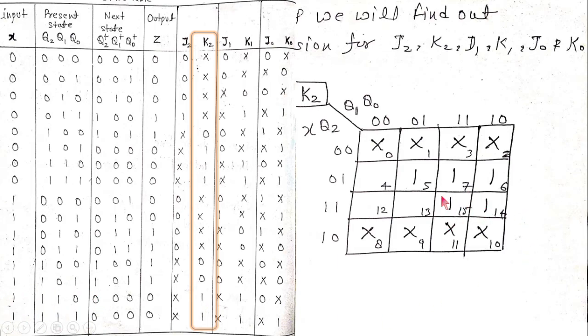So we filled the ones, and 0 1 2 3 is don't care. Again here 8 9 10 11 is don't care. We filled this.